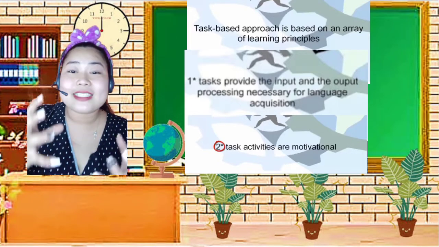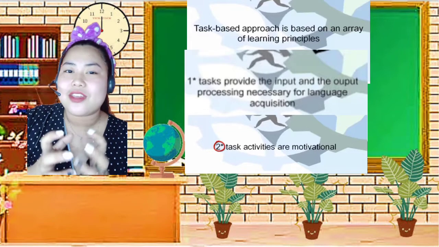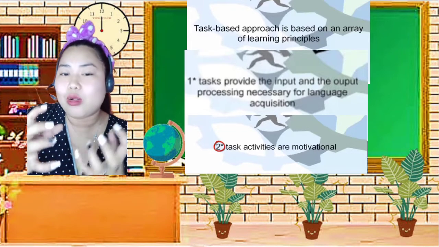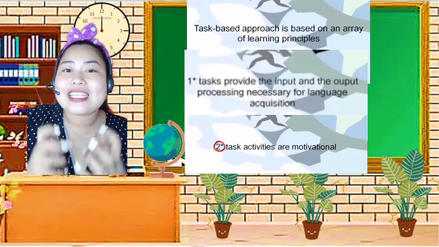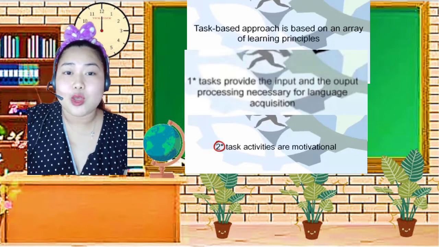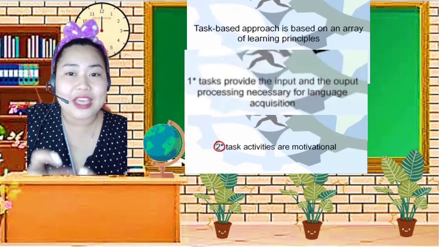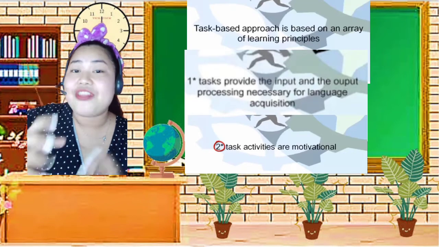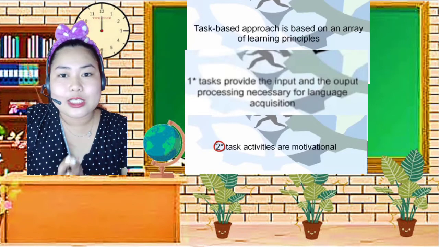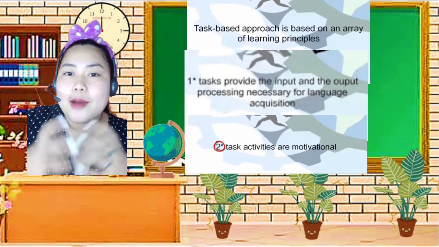Second, task activities are motivational. When students are involved in tasks, we expect some group work and collaboration. One student is trying to explain something to the other students, and this supports students' interest and their motivation.